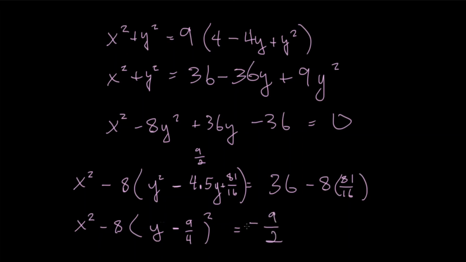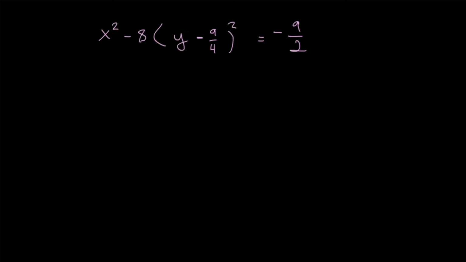Not a problem. Let's go ahead and finish this. Let's divide both sides by negative 9 halves. And we get negative x squared divided by 9 halves, and we're going to have a 1 over here. And then over here, we're going to have negative 8 divided by negative 9 halves, which ends up being positive 16/9, so we're dividing by it.